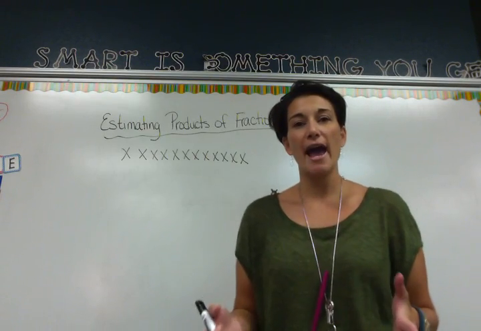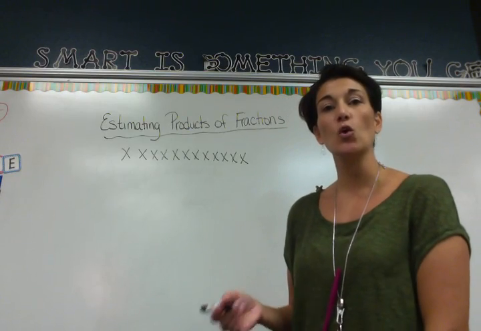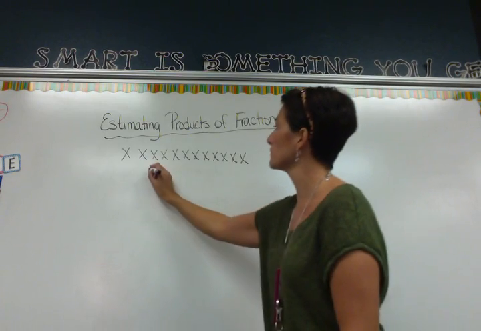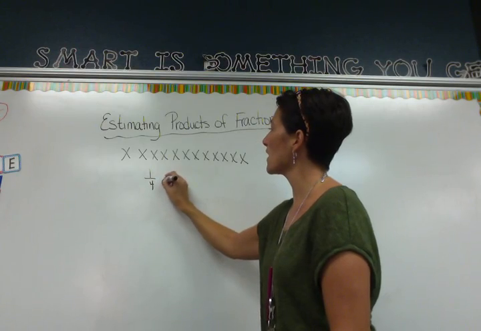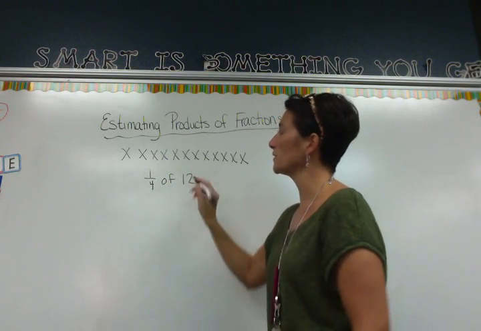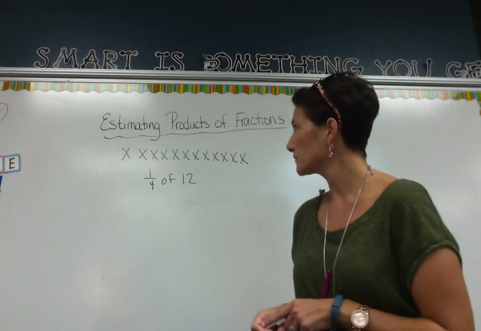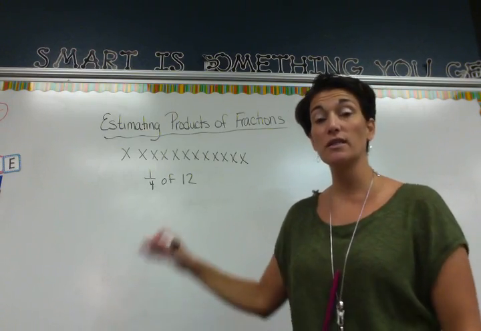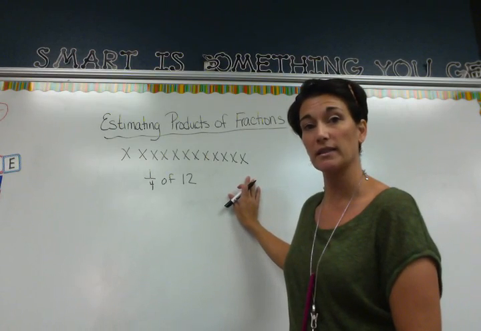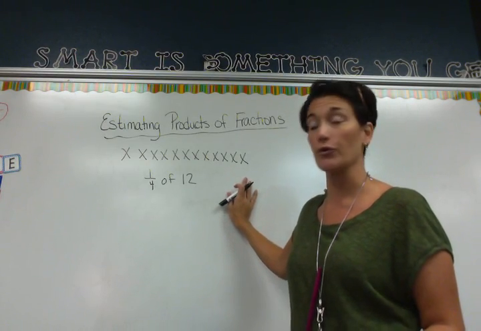Okay, so if I asked you to find out what would be 1/4 of 12, could you readily find that answer? Yeah, you could, because you could divide your 12 X's into 4 equal groups.